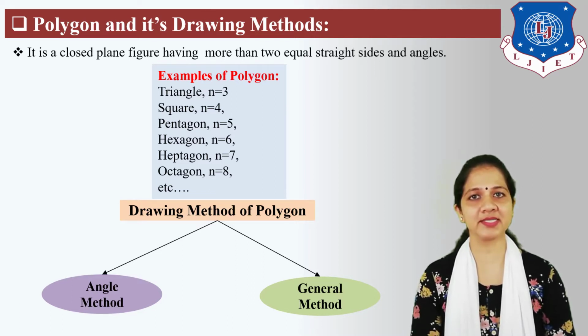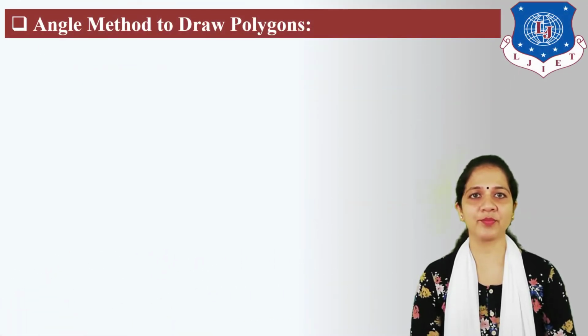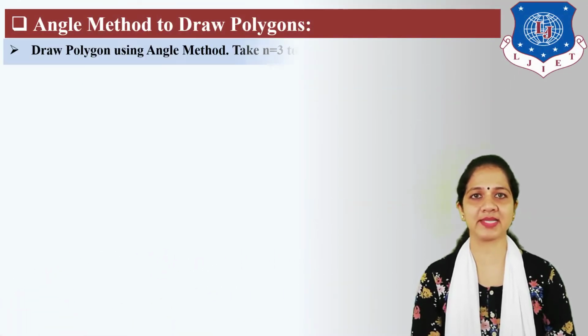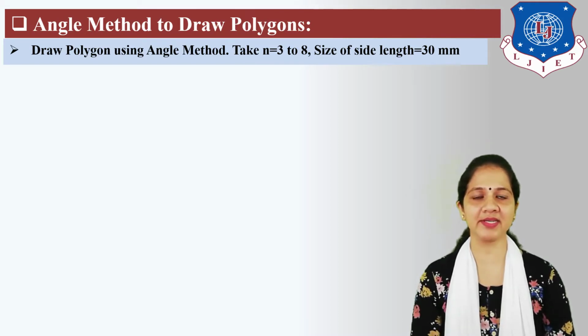So let us discuss angle method to draw polygon with example. Draw polygon using angle method. Take n is equal to 3 to 8 and side length is equal to 30 mm.